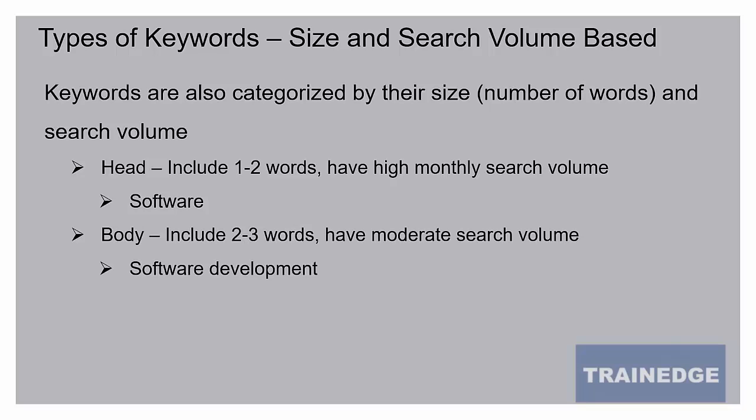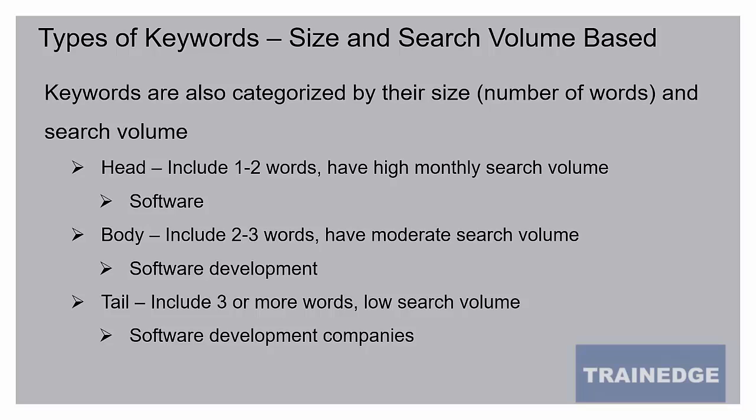The body keywords usually include 2 to 3 words and have lower search volume than the head keywords. For example, software development. Now it has 2 words, so it is longer than the head word, and it has lower search volume compared to software. Then there are tail keywords, which include 3 or more words, and they have a much lower search volume.